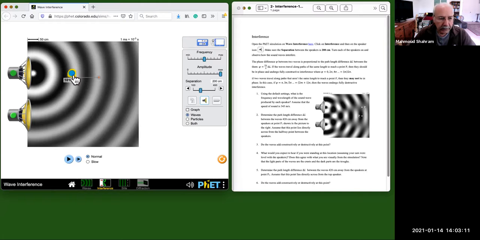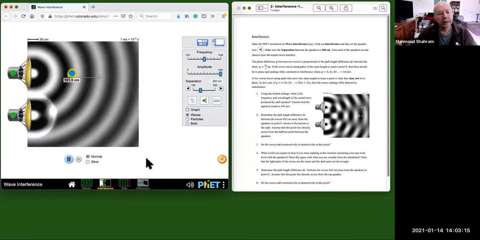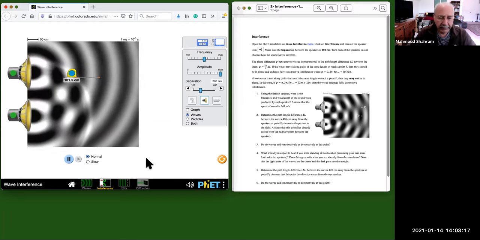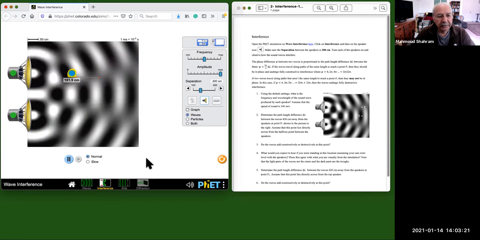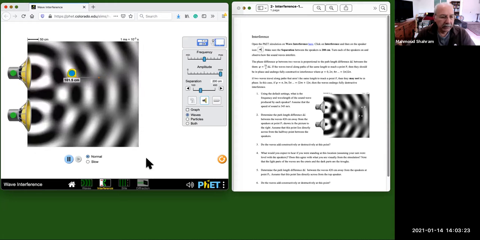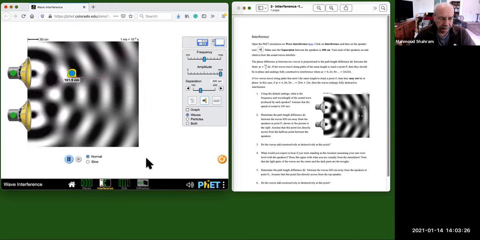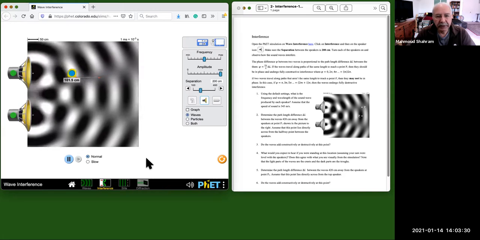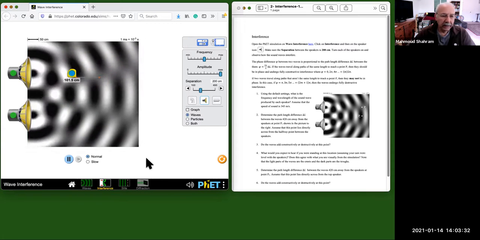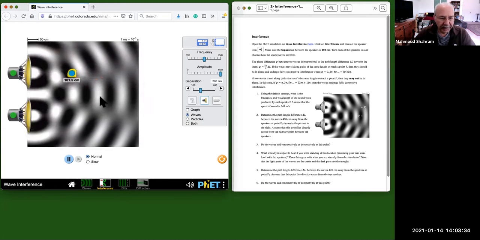Then you can turn on both speakers that provide sound waves and observe the pattern. These are interference patterns. The two waves are superimposed on top of each other and provide the interference pattern.